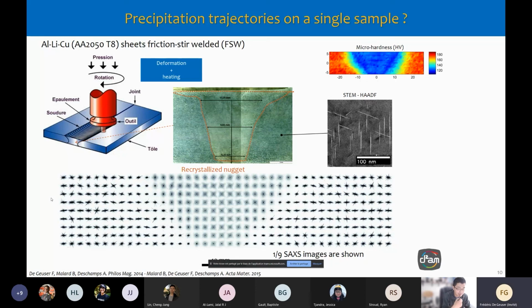Yes, that's exactly it, and it's actually a problem. As I told you, there is an effect of the texture, and here there is a zone which is completely recrystallized, a zone which is not affected mechanically, and a zone which is a bit mixed, where there is some sort of deformation.